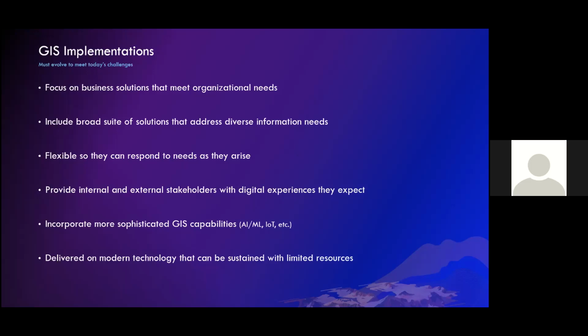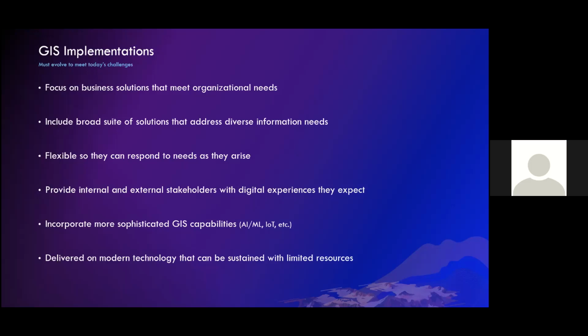And another thing is organizations need to be flexible so they can respond to the needs as they arise. The pandemic has showed us that being flexible is really important and critical to be able to respond in a timely manner.